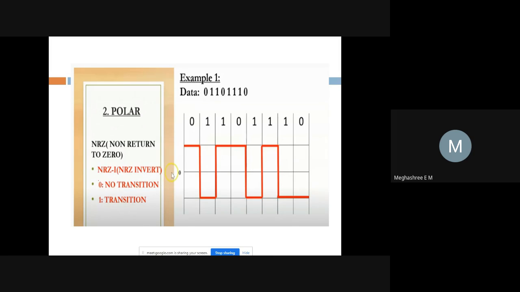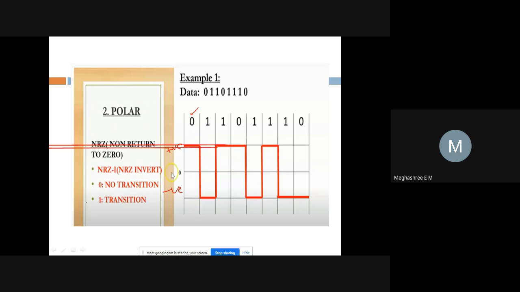When there is 0, no transition. Since the first bit is 0, you can start from the positive side, and this is the negative side. It's not compulsory that you start from the positive side itself.